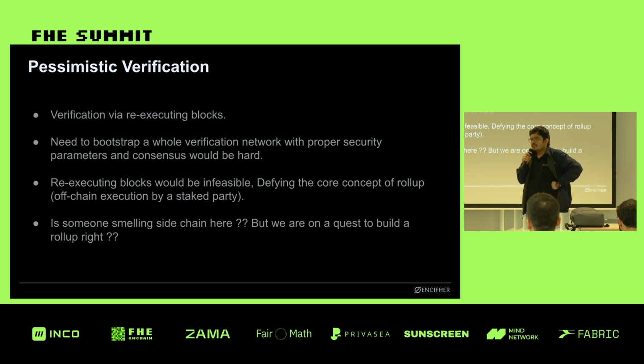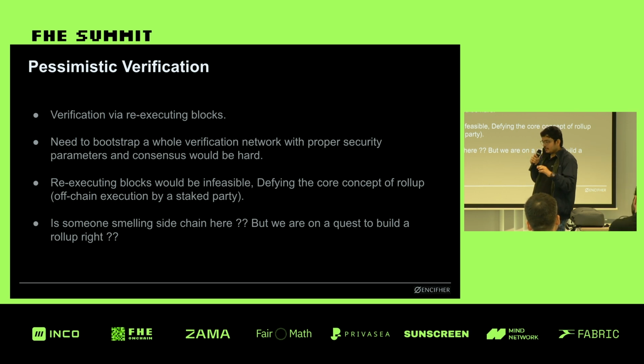Now, what are the constraints in this sort of verification? Firstly, you need to re-execute the block, which defies the whole idea of making the execution off chain done by a single party. Second, you have to bootstrap this verification network itself, which, when utilized in a rollup context, means the rollup would be inheriting the security obtained from this particular bootstrapped network.